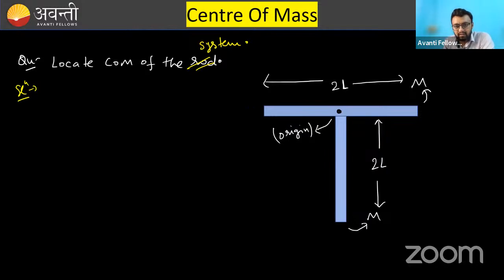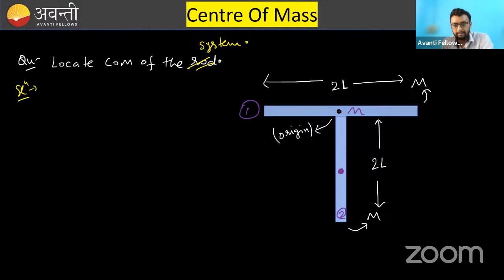So rod 1 has its mass m concentrated at this point, and this second rod has its mass concentrated at this point.